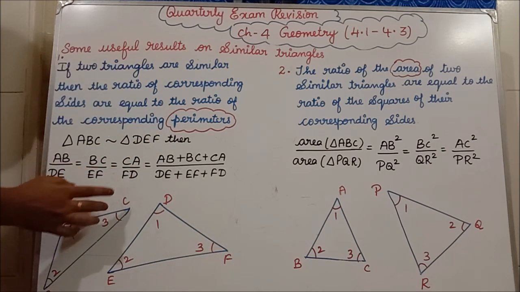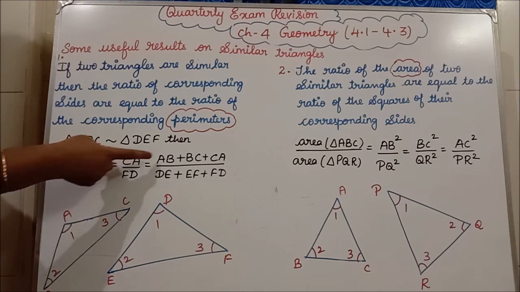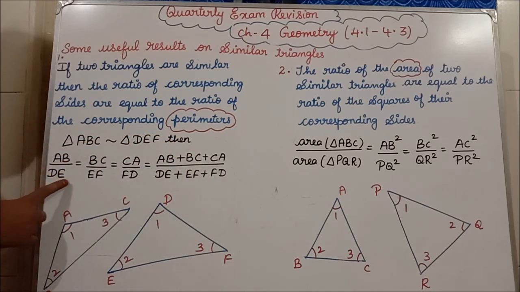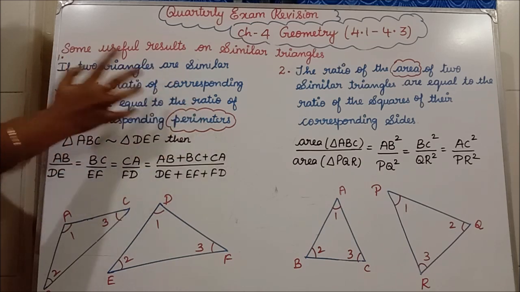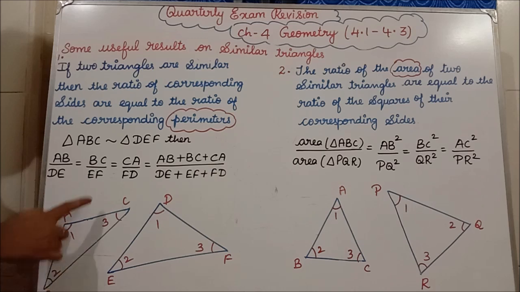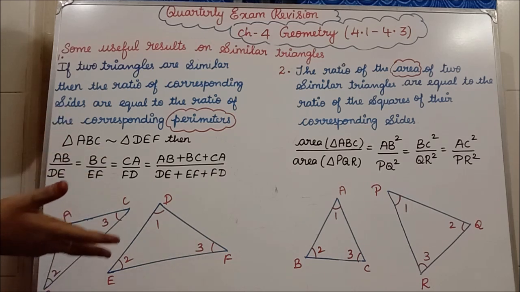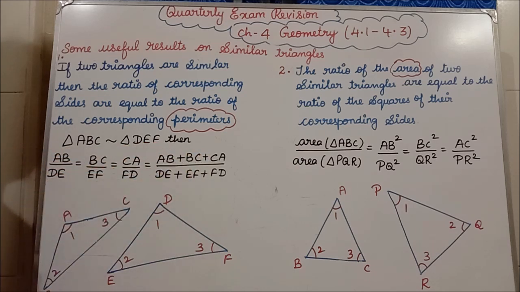Perimeter means you have to add all the three sides, isn't it? That is the perimeter. So AB plus BC plus CA divided by DE plus EF plus FD. Clear? What they are saying is the ratio of corresponding sides is equal to the ratio of the corresponding perimeters. Perimeter means in a triangle, adding all three sides. So AB plus BC plus CA divided by DE plus EF plus FD. Clear? Now we see about area.